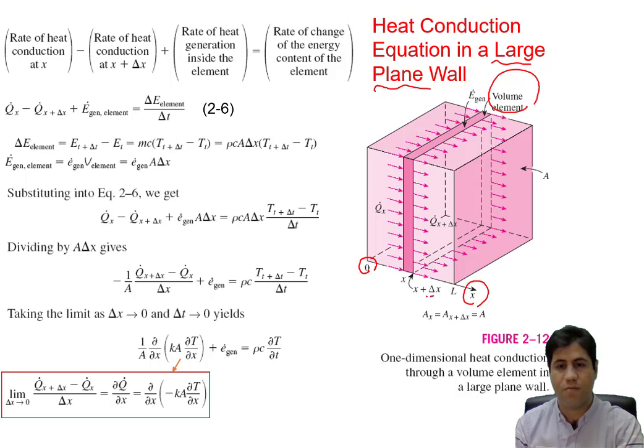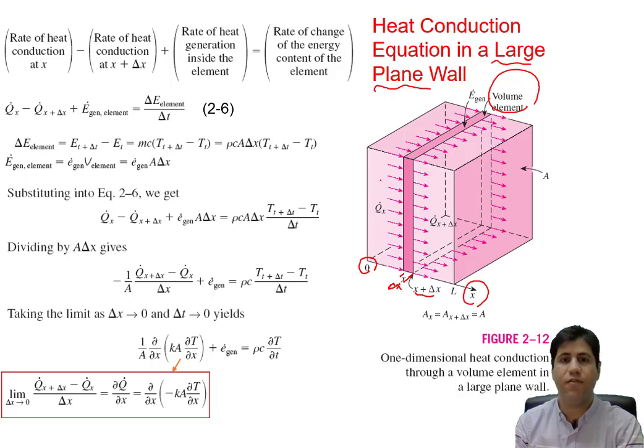This is x plus delta x for our element. So the thickness actually is delta x. Here is x, here is x plus delta x. And A is the surface of this volume element which we have selected.